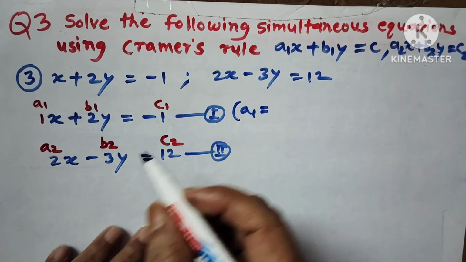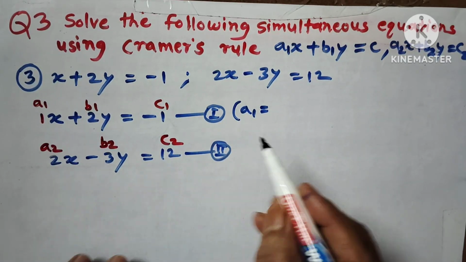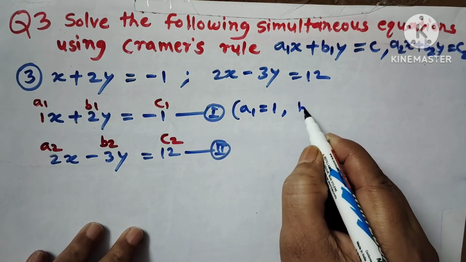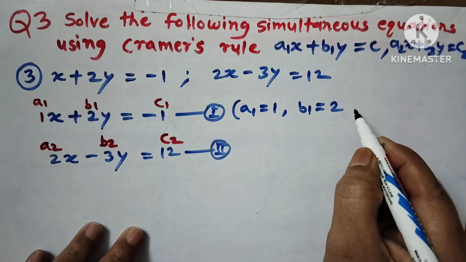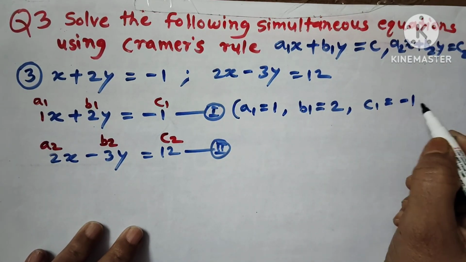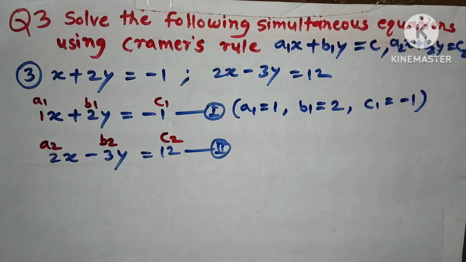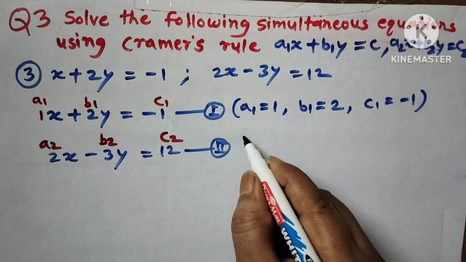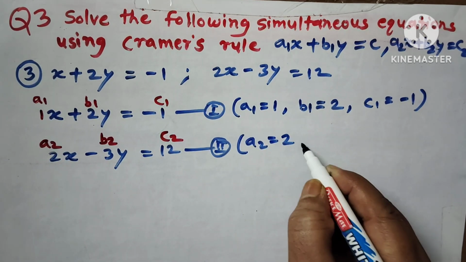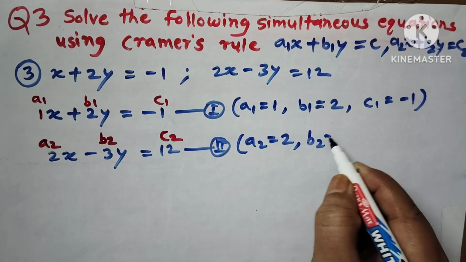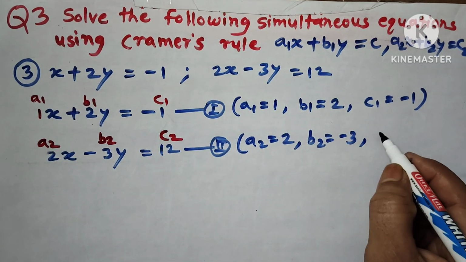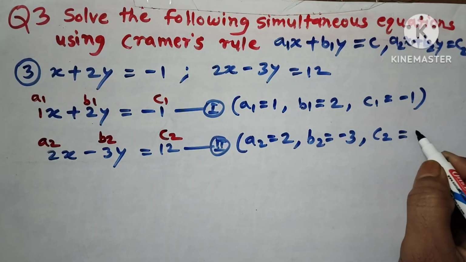So a1 is equal to 1, b1 is equal to 2, c1 is equal to -1, a2 is equal to 2, b2 is equal to -3, c2 is equal to 12.